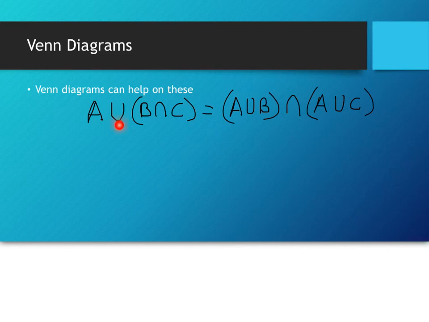So this union, we have A, it's almost like times B plus C almost. Not quite exactly, but it's like A and B together, union, A and C together.